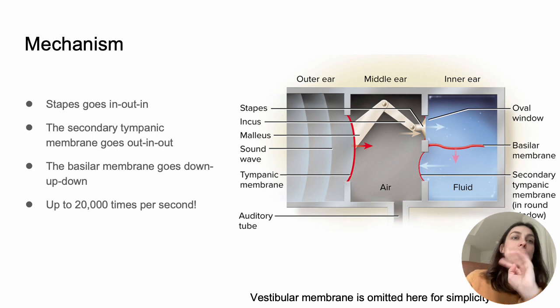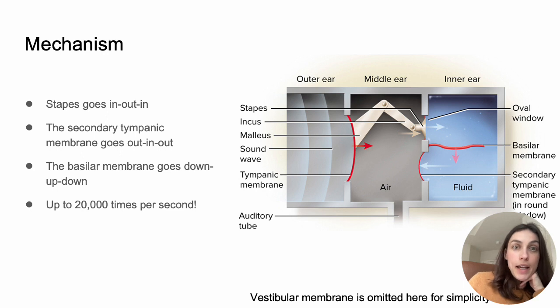So that means as the stapes goes in, out, in, out, in, the tympanic membrane of the inner ear is going out, right? This oval window area is going out, in, out. So the opposite of what the stapes does.